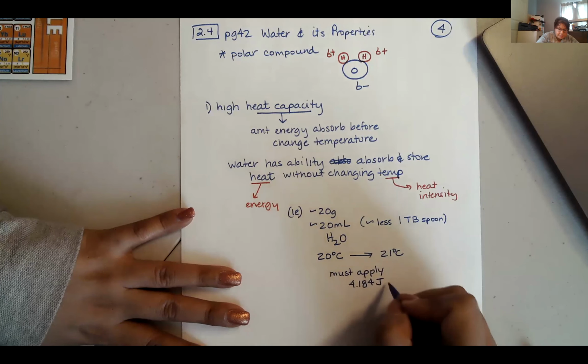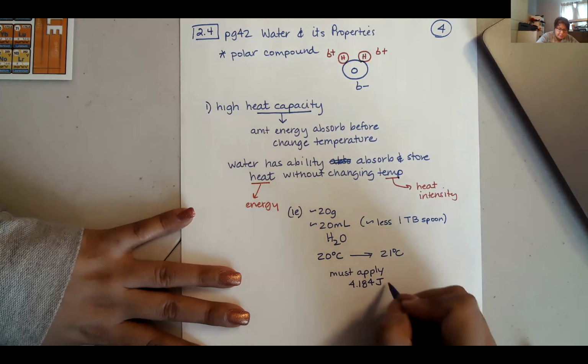So why I'm telling you this is to give you the difference between temperature and energy. This is my temperature. This is my energy. So when I talk about heat and energy, it's not exactly the same thing.